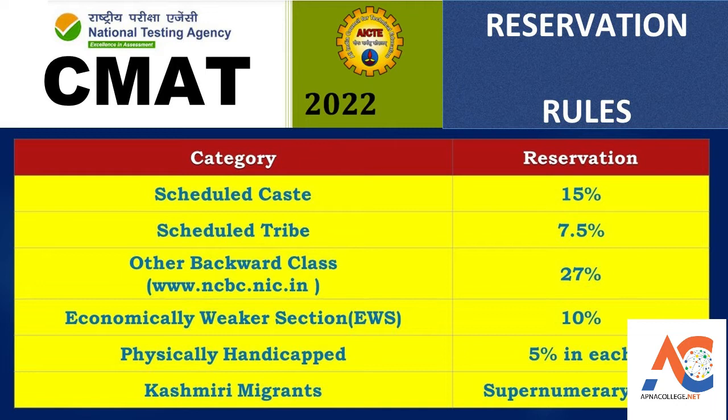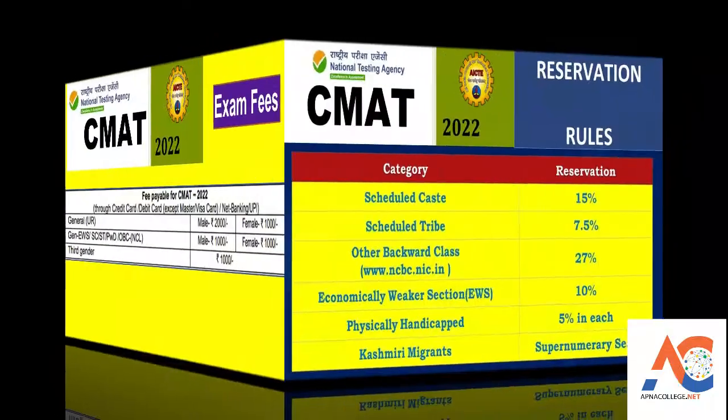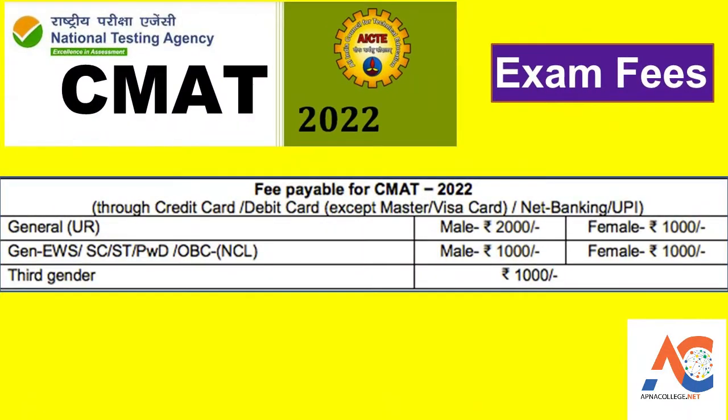For other backward classes, there is 27% reservation. For EWS category candidates, there is 10% reservation. For physically handicapped candidates, there is 5% reservation in each of the sections, and for Kashmiri migrants, supernumerary seats will be allotted.